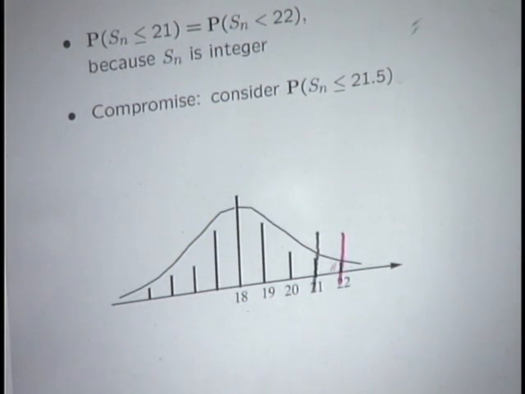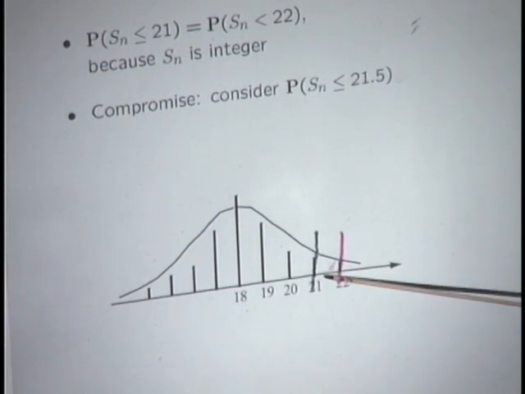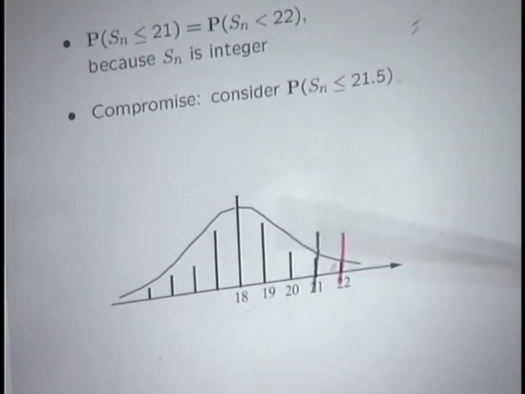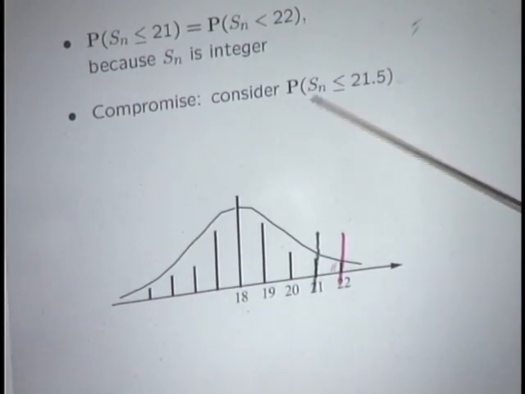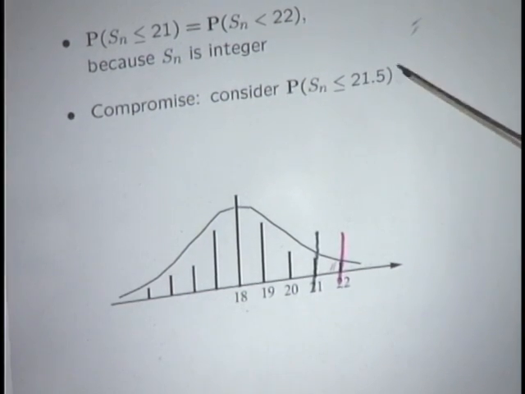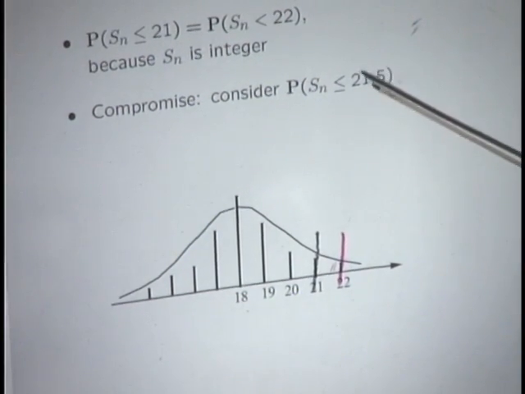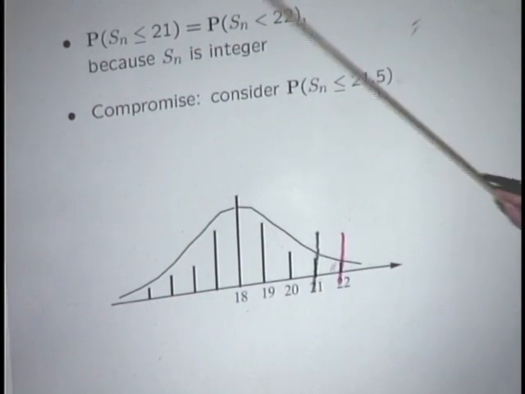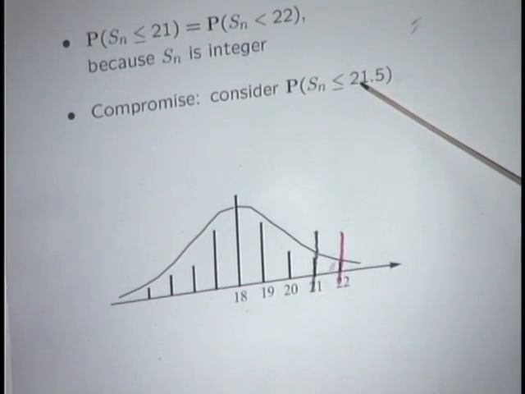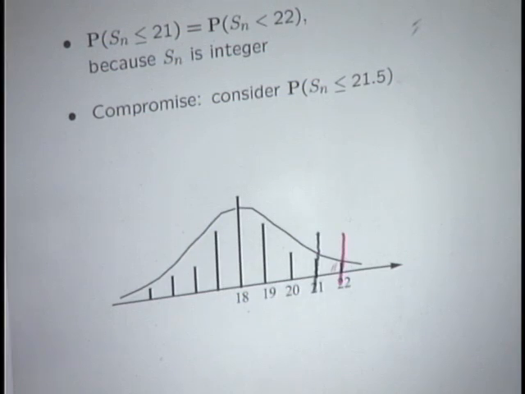Well, neither, but we can do better than both if we sort of split the difference. So another way of writing the same event for Sn is to write it as Sn being less than 21.5. In terms of the discrete random variable Sn, all three of these are exactly the same event, but when you do the continuous approximation, they give you different probabilities.